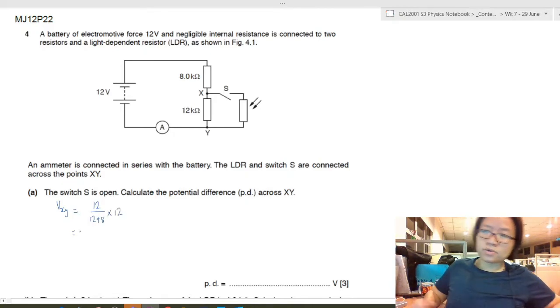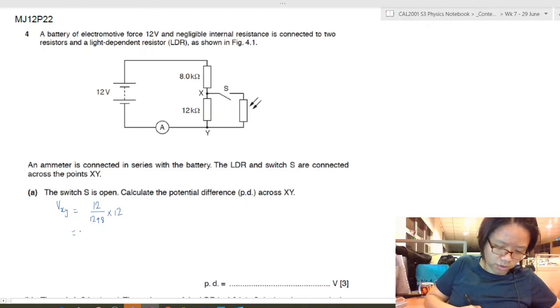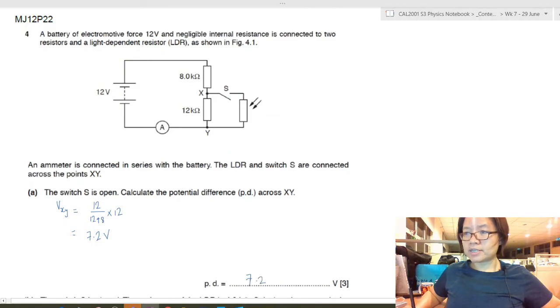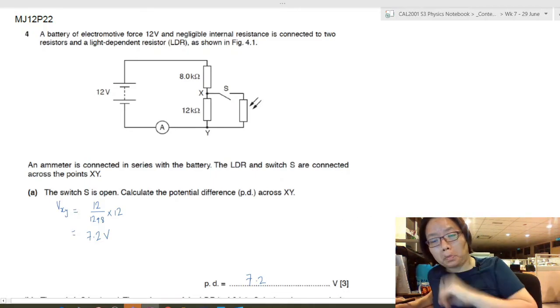So this would be 12 divided by 20, 7.2 volt. This is an older past year, so they are a bit more generous with marks. They are less generous these days, so maybe this would only be 2 marks.